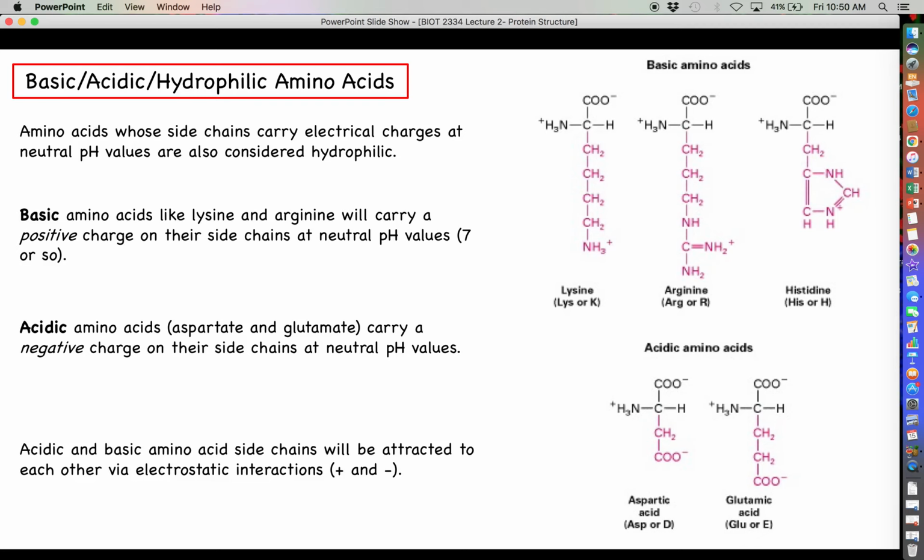So if you know anything about how positive and negative charges attract each other, it shouldn't surprise you that acidic and basic amino acid side chains are going to be attracted to each other via electrostatic interactions. So once we get to the point where a protein folds and we start getting side chains interacting with each other, acidic and basic side chains are going to have a high propensity to interact with one another because they like to interact with one another.